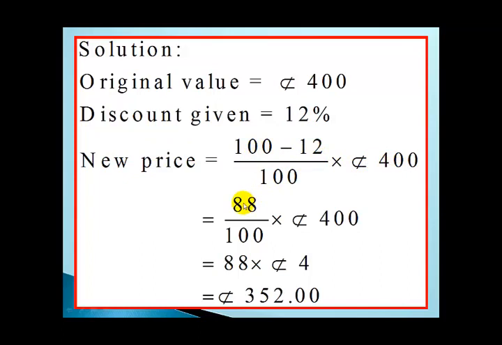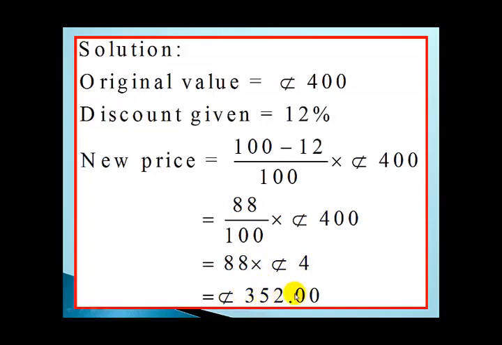So we have 88 divided by 100 times 400. Take note that 100 goes into 400 four times, and so we multiply the 4 by the 88. So we have 88 times 4 cedis, and that is 352 cedis. So this is going to be the new price.